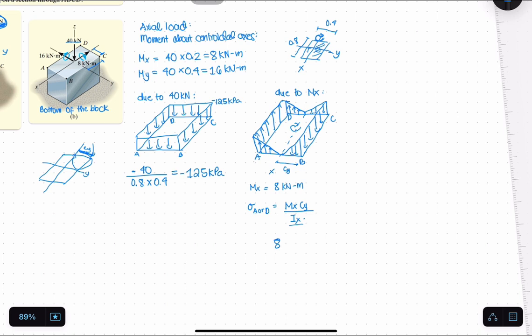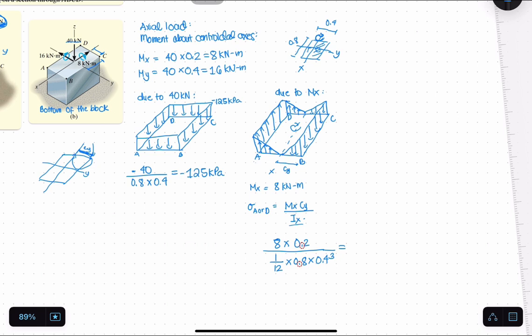Yung 8 times CY na 0.2 over 1/12 times 0.8 times 0.4 cube.